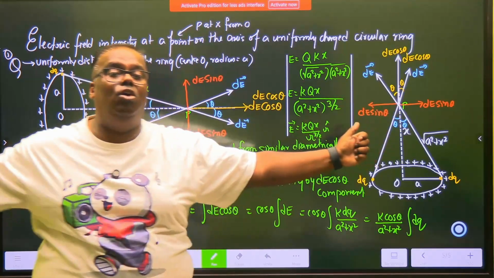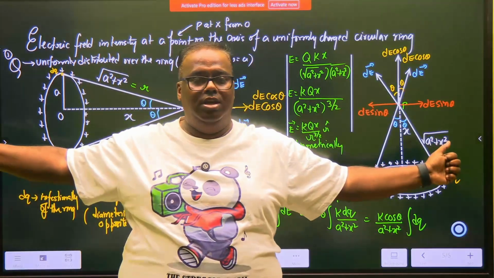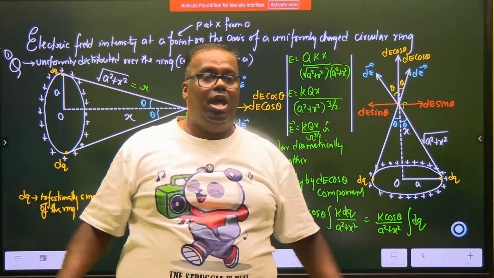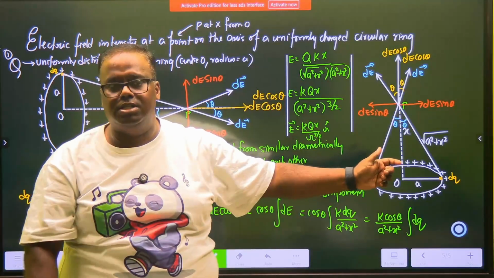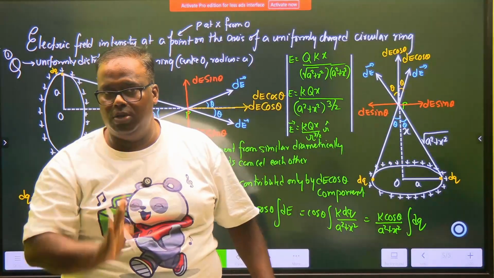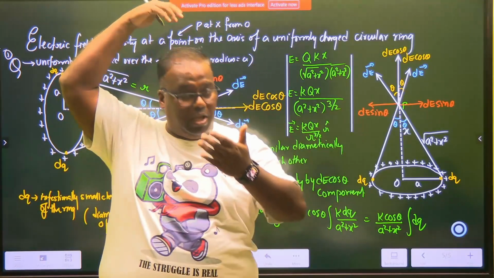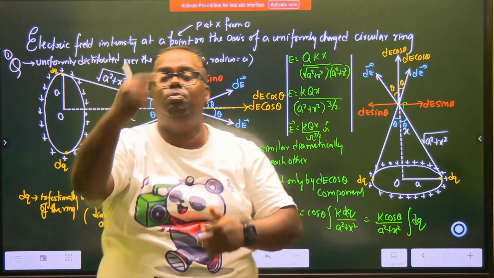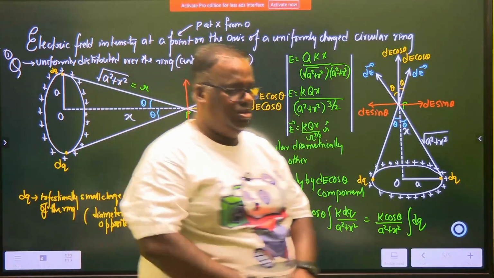When we say on the axis, that means this line joining them. It can be on this side, it can be on this side. And equatorial plane means join these two and make a perpendicular bisector. That is the equatorial plane. There you are going to find out. Equatorial plane is like putting one plywood through my head, and on that plywood you are trying to find out what is the electric field.